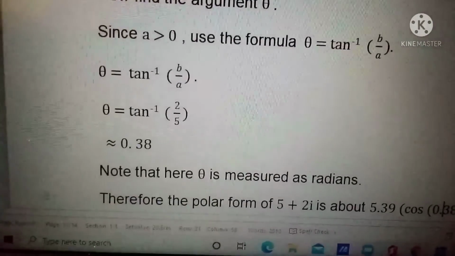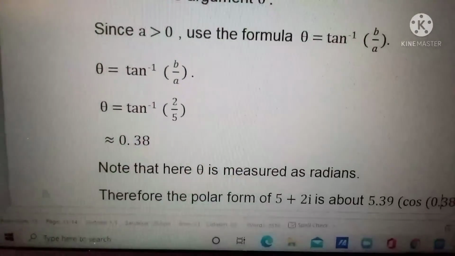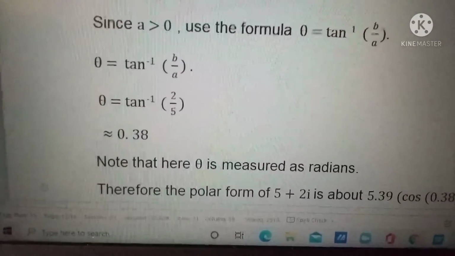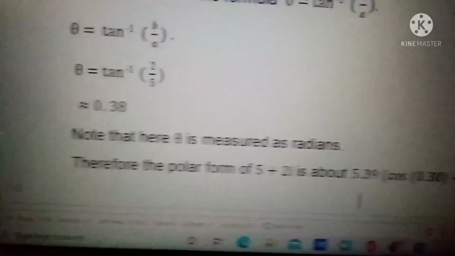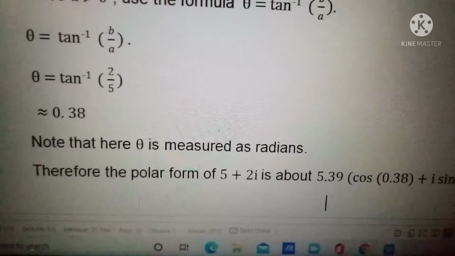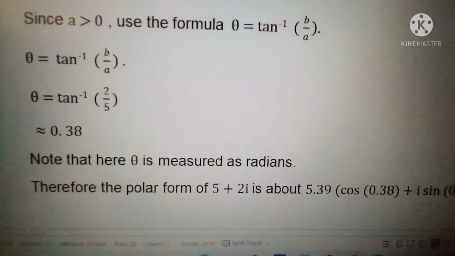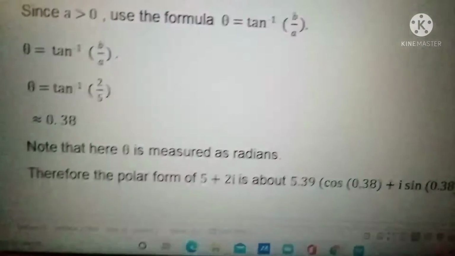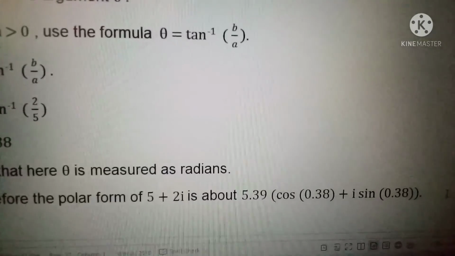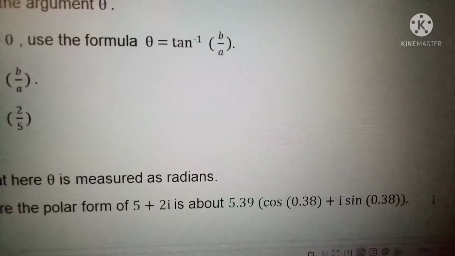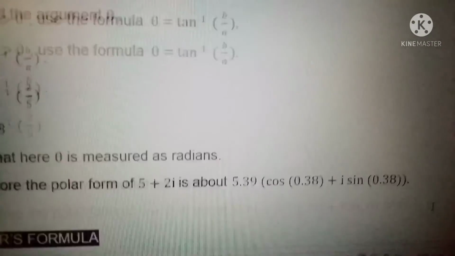So, note that here theta is measured in radians. So, palagi po siyang naka-radians. So, therefore, the polar form of 5 + 2i is about 5.39 times cosine 0.38 plus i sine 0.38.